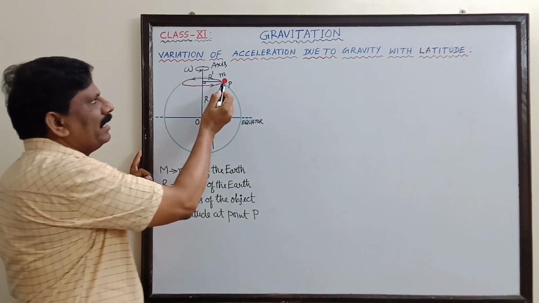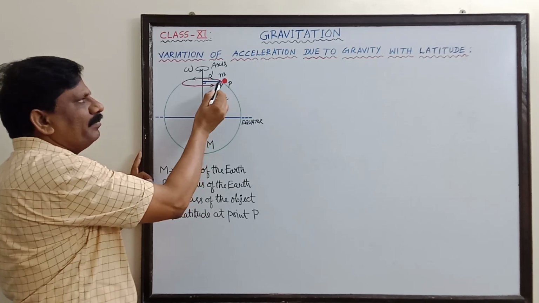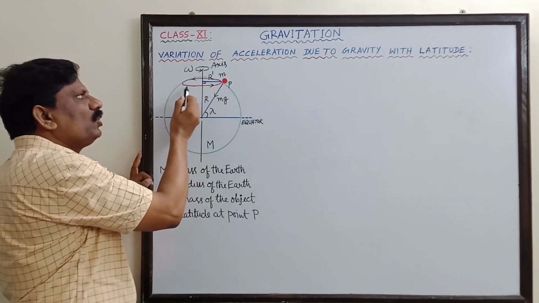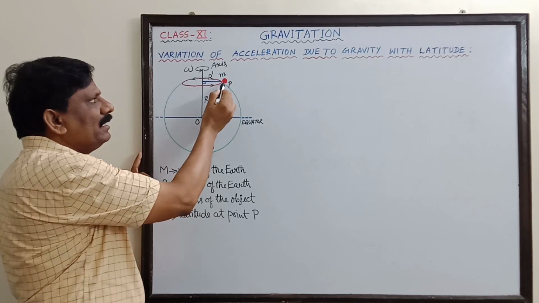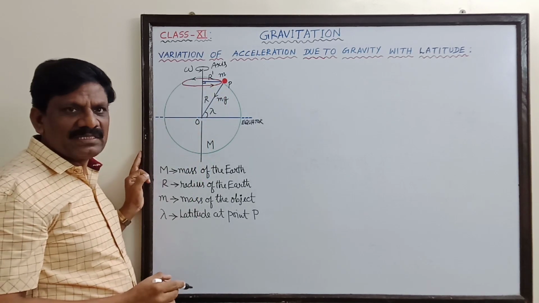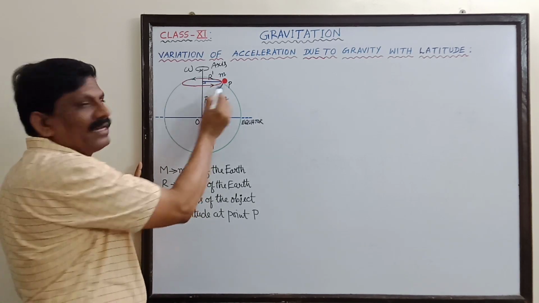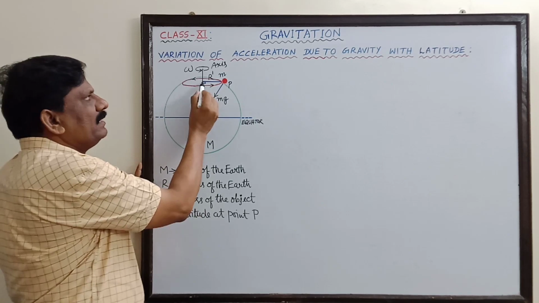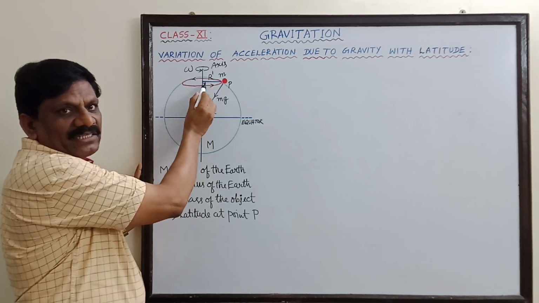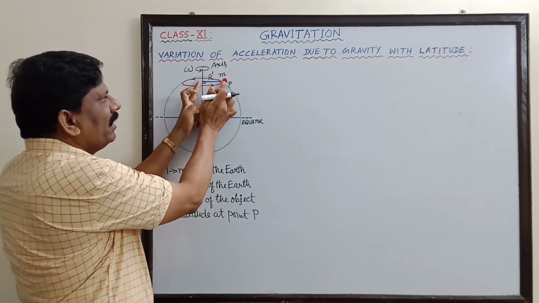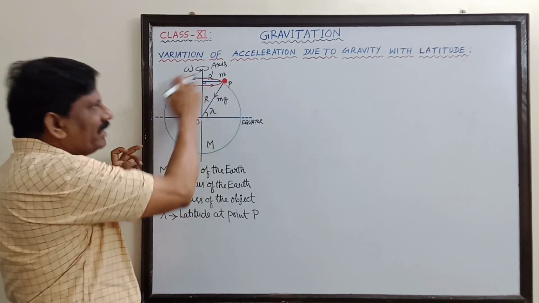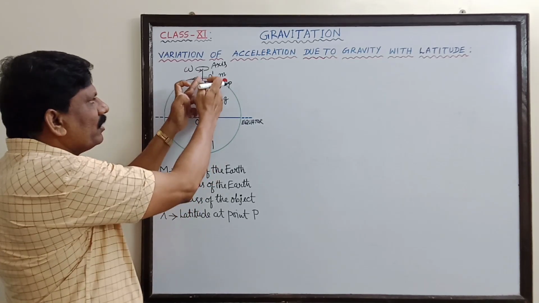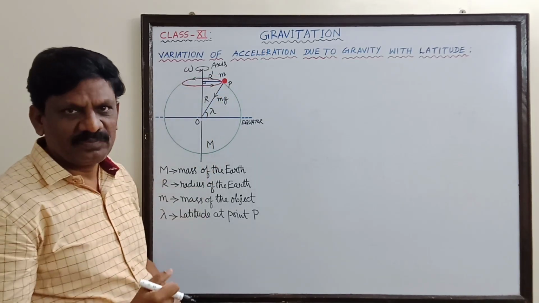So this object of mass m is going through a circle and completes it after 24 hours. Can you all see this red circle? So this circle is having a radius r dash. So the radius of this circle through which this mass m has gone is denoted by r dash.